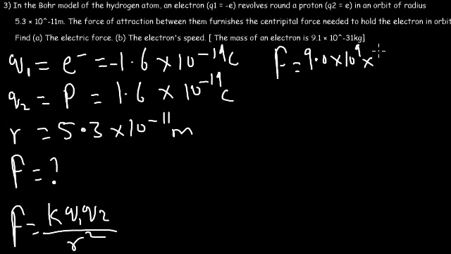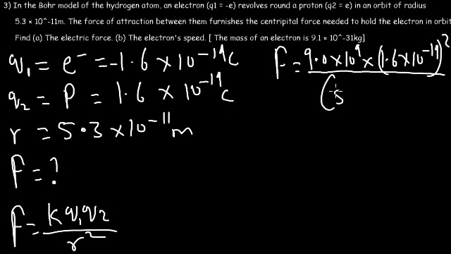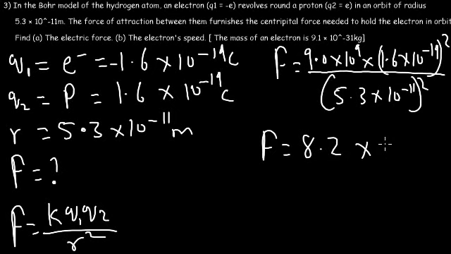So since Q1 is equals to Q2, I can just have it as 1.6 times 10 to the power negative 19 all squared. Then all divided by R squared. So the value of R is 5.3 times 10 to the power negative 11 squared. So as we have been doing before, I'm going to type everything into my calculator and see the solution. So if you type that properly, you should get 8.2 times 10 to the power of negative 8 Newton as the value of your force.